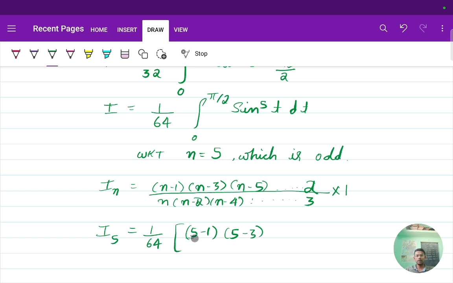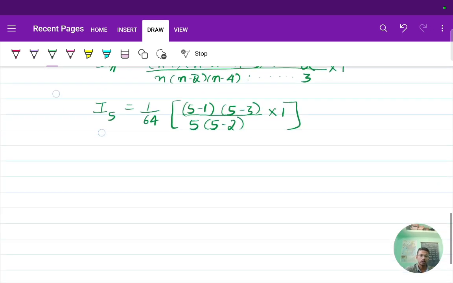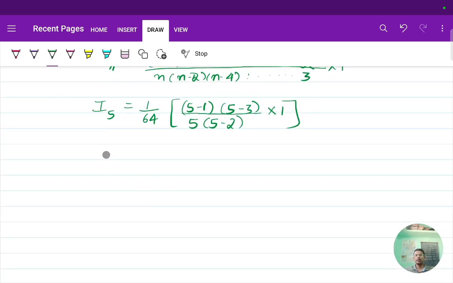So let us end it here, and n is 5. 5 into 5 minus 2. What is 5 minus 2? 5 minus 2 is 3. At the last we have to get 3. So 5 minus 2 into 1. Did you understand up to here?